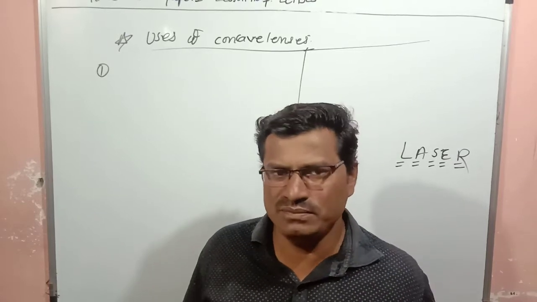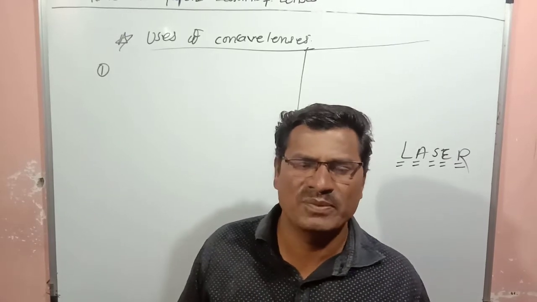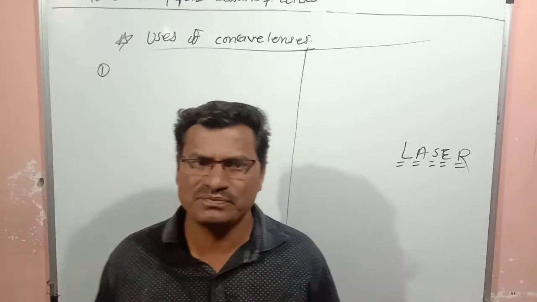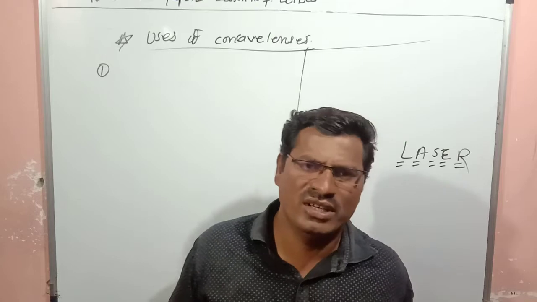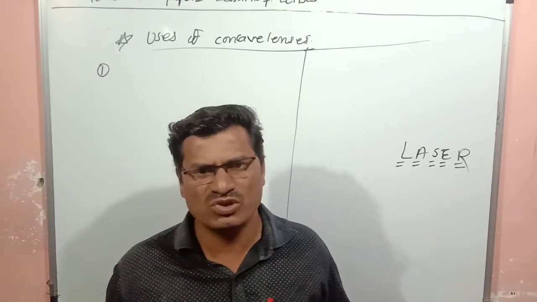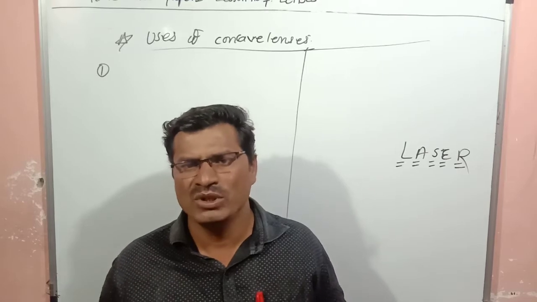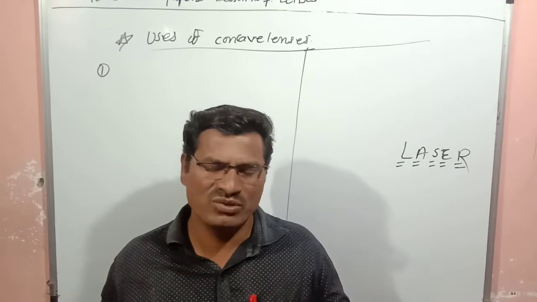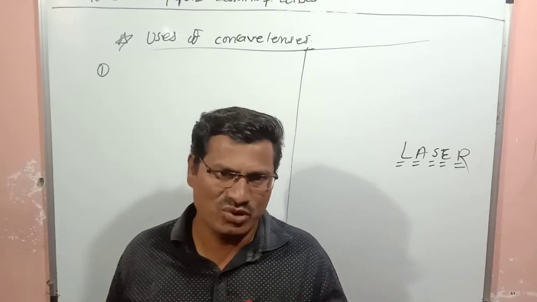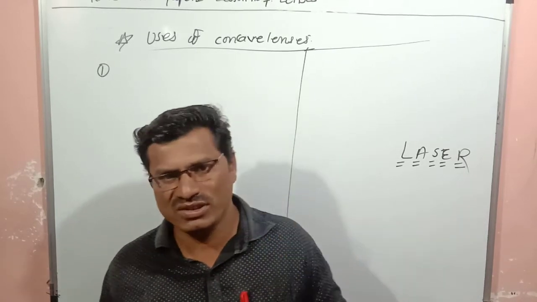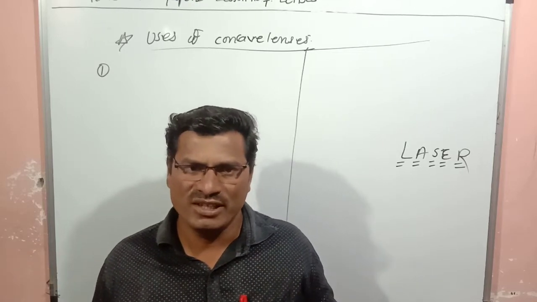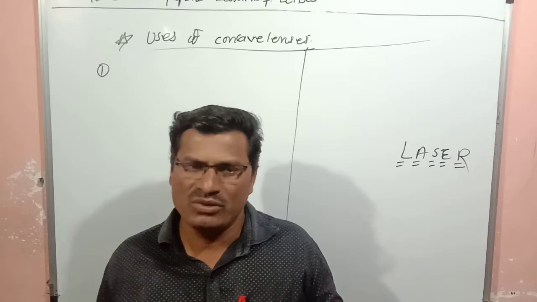Third, concave lenses are used in spectacles to correct the nearsightedness defect. Fourth, a concave lens is used in the torch to spread widely the light produced by the small bulb. And the fifth point: cameras, telescopes, and microscopes.